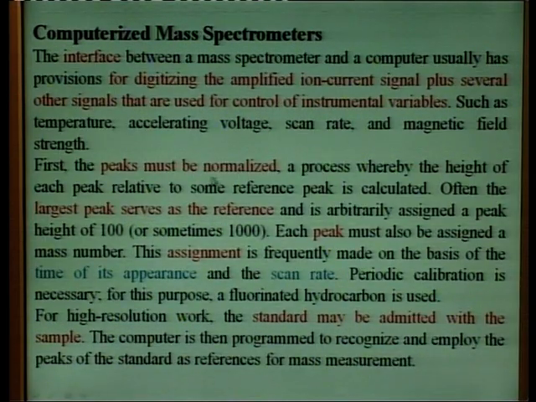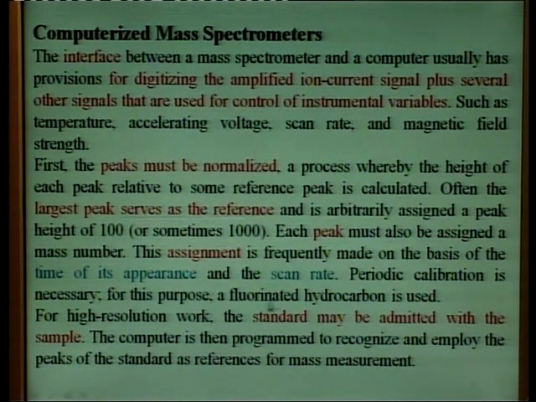First, the peaks must be normalized. The height of each peak relative to the reference peak is calculated. Often the largest peak is taken as the reference, which is given the number 100 or 1000. Each peak must be assigned a mass number. The assignment is frequently made on the basis of time of appearance and the scan rate.